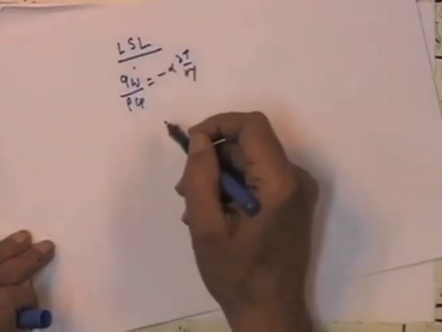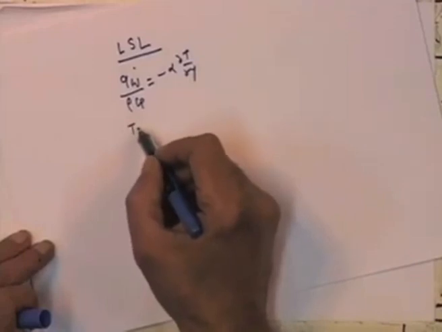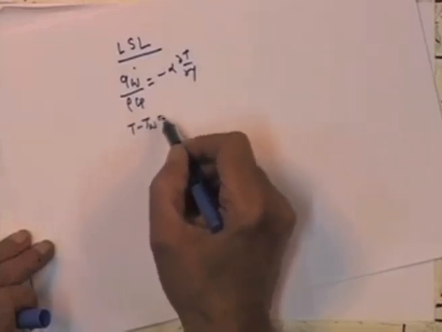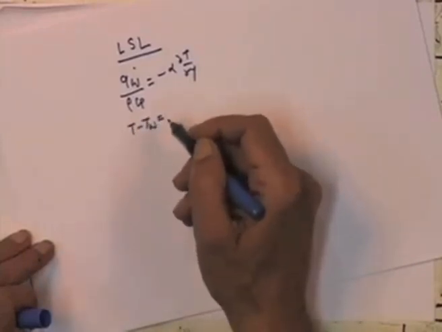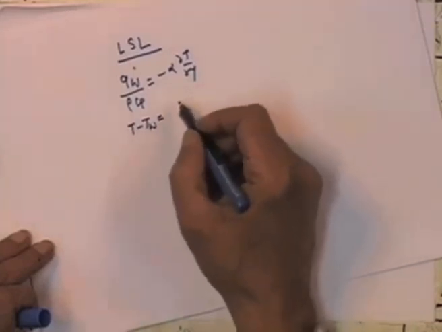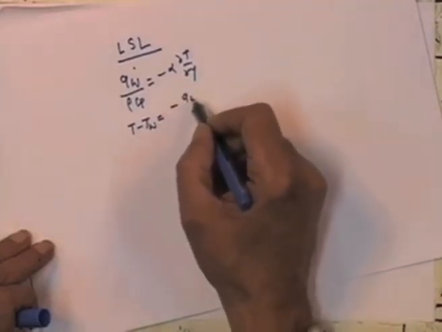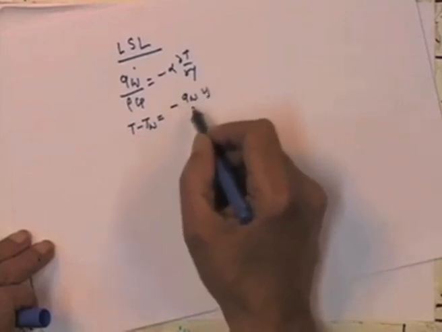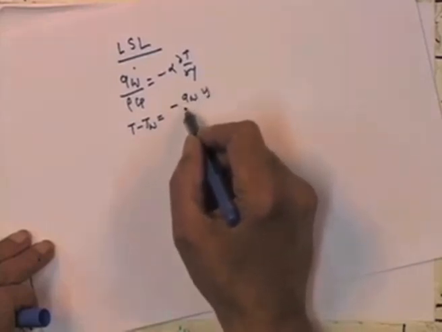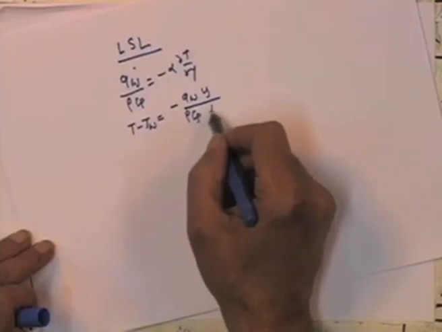So, if I integrate that, I will get T minus T wall equal to minus Q wall y divided by rho Cp into alpha.